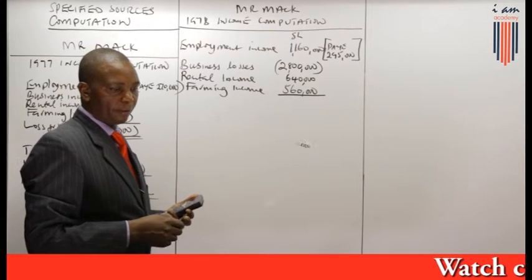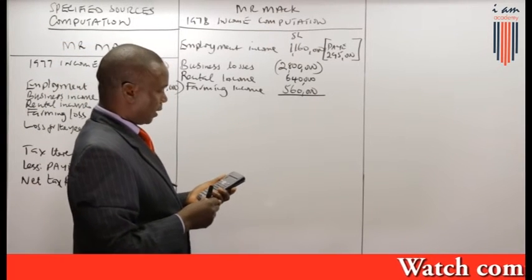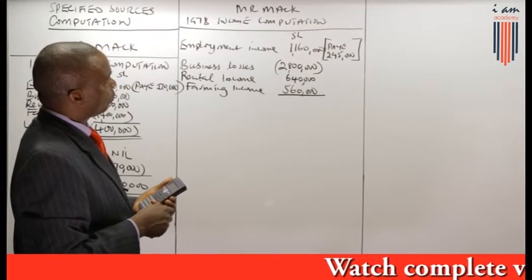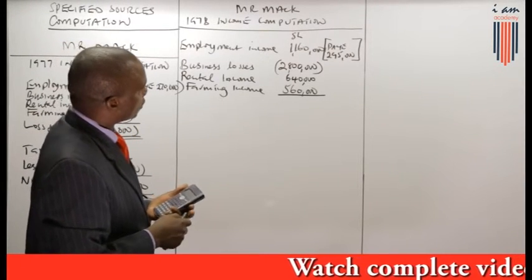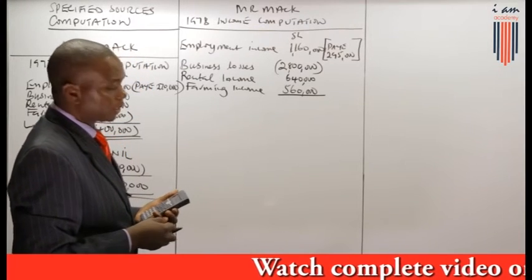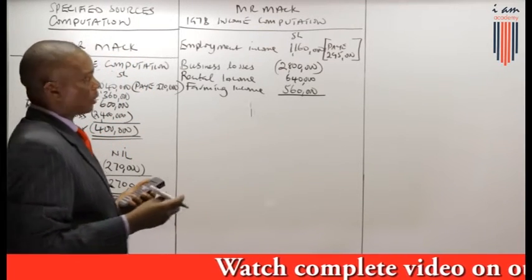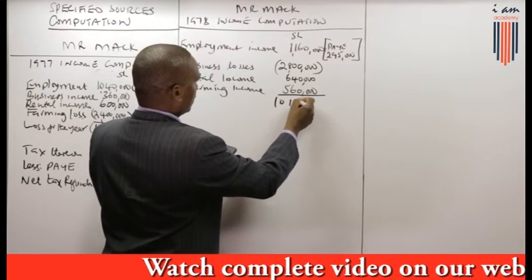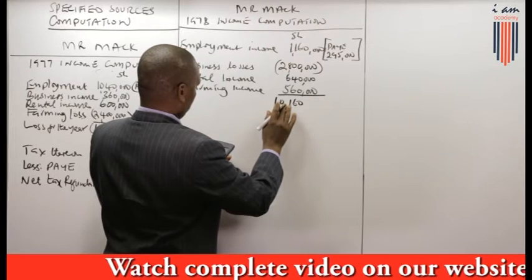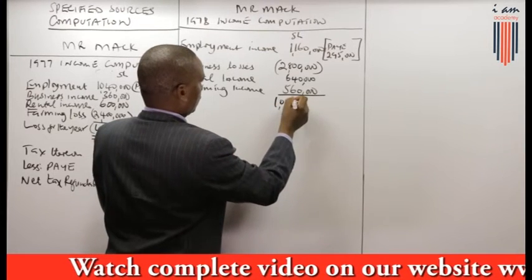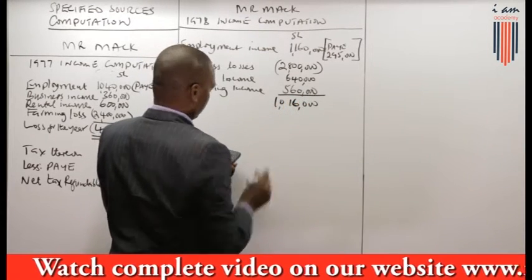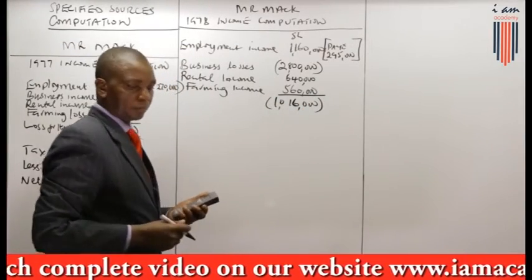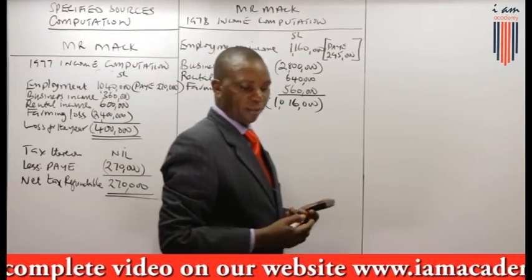So you'd have 440,000, which is a loss. So that is the loss that you would have made.